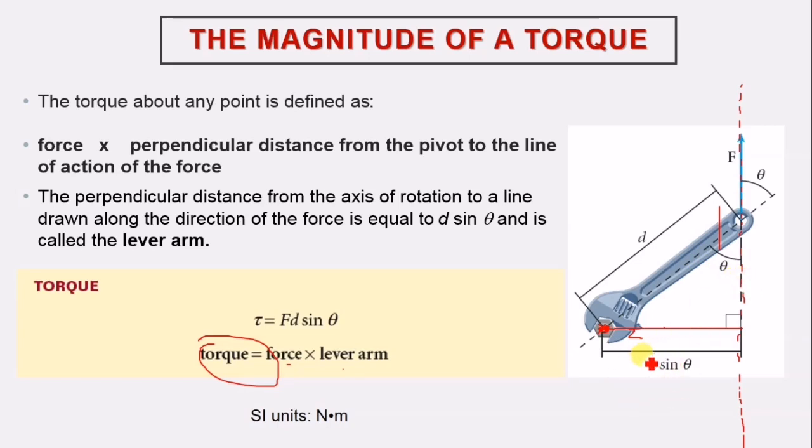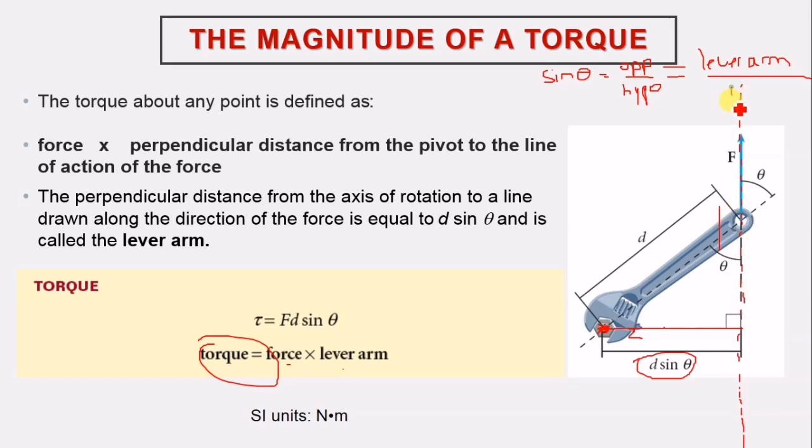How can you find the lever arm? See, what is sine theta? Sine theta, we know, is opposite over hypotenuse. So this is the equation. Now, what is the opposite to theta? It is our lever arm, the one that I wanted. What is the hypotenuse in this right triangle?